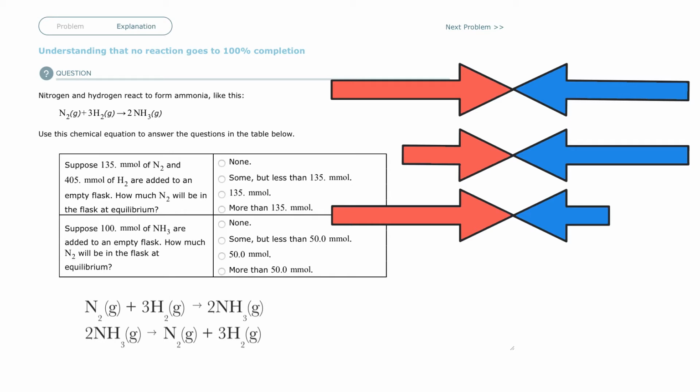Well, what's happening is that both are true. Every time that 1 mole of nitrogen encounters 3 moles of hydrogen with sufficient energy, they will come together to form 2 moles of ammonia. And every time that you end up with 2 moles of ammonia with sufficient conditions, it will break back apart into nitrogen and hydrogen.